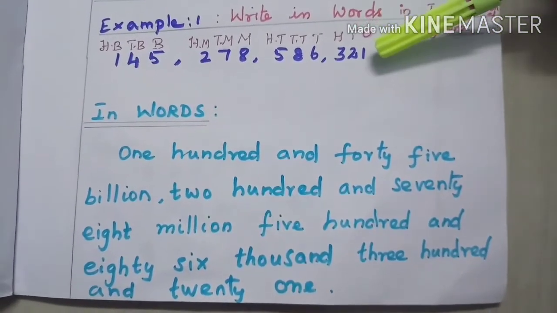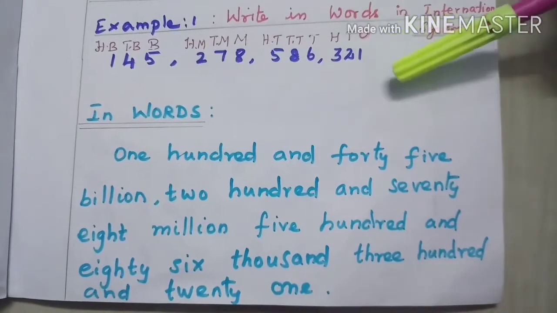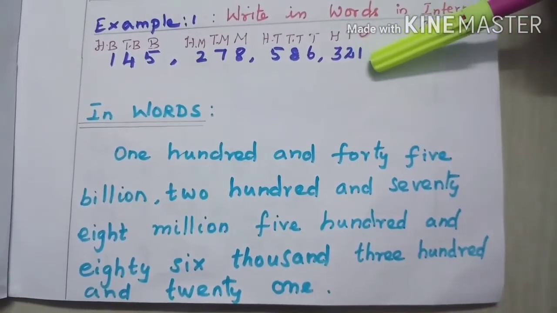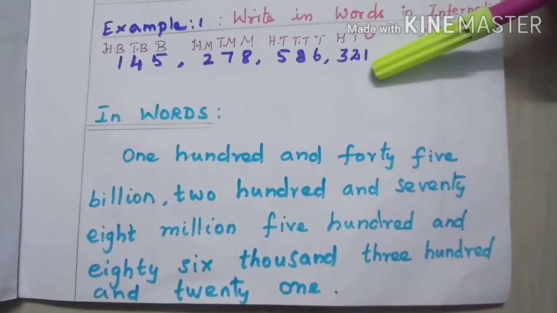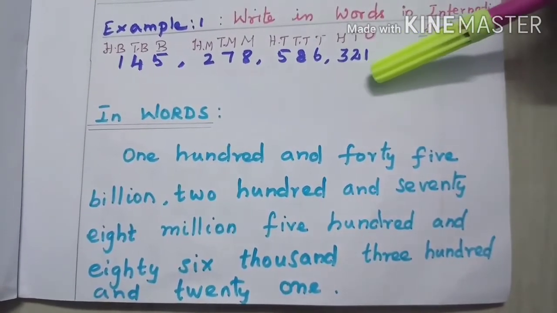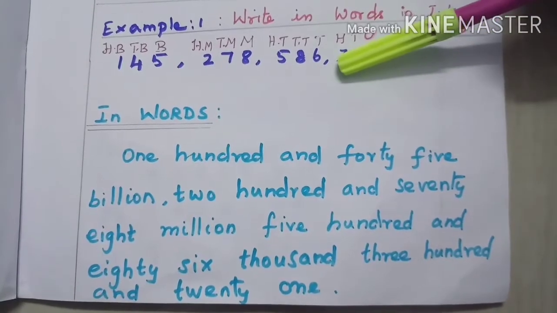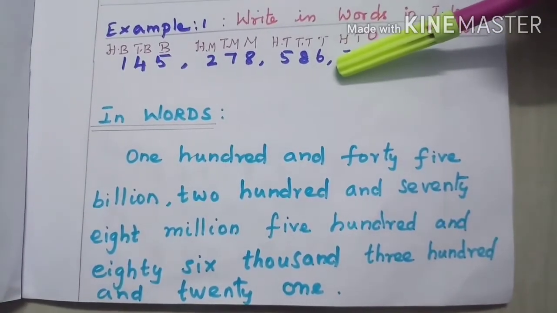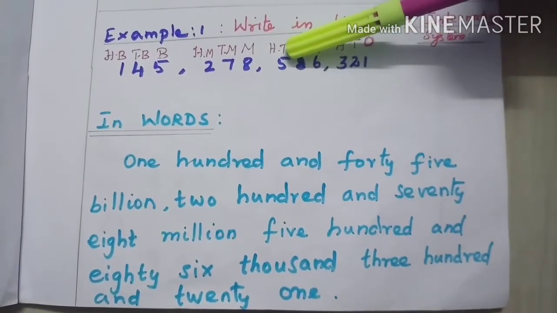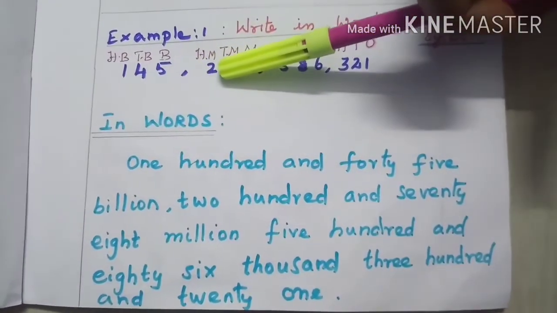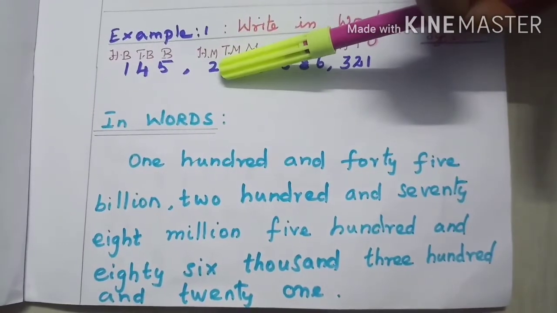Before writing in words, first we are marking the commas so that without confusion we can write. Now you see, I told the first comma comes before the hundreds place and the second comma comes before the 100,000 and the third comma comes before the 100,000,000.